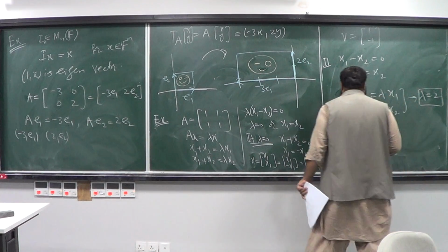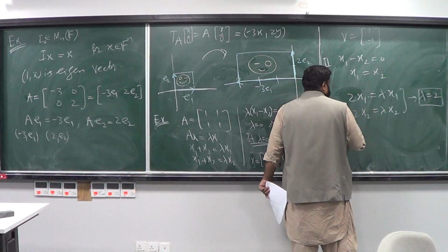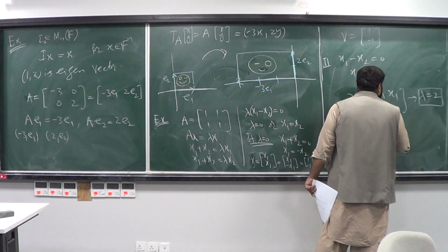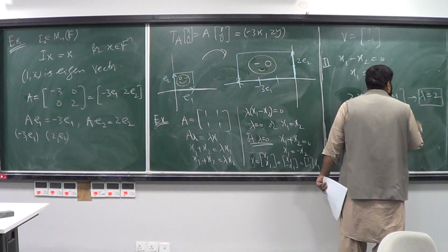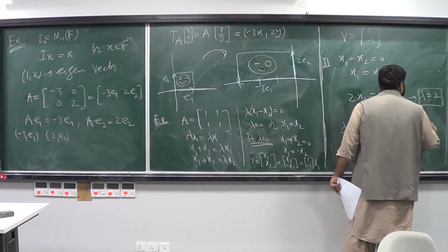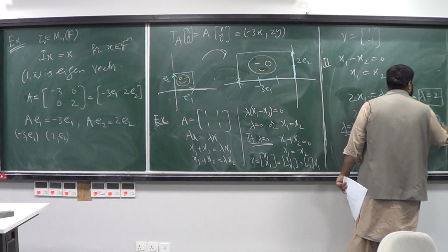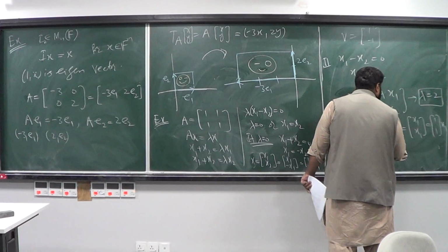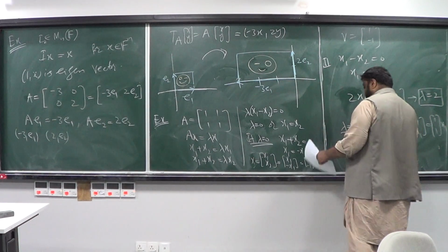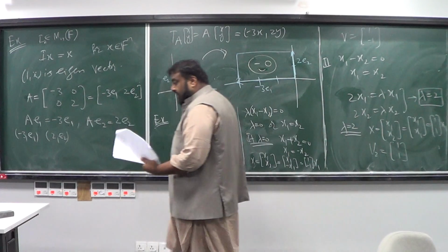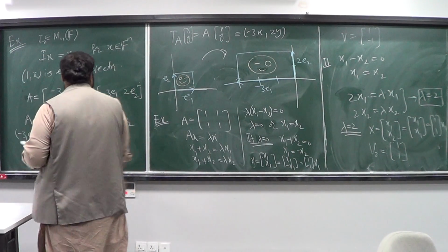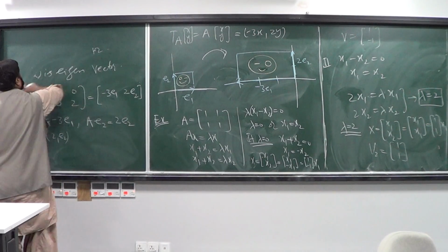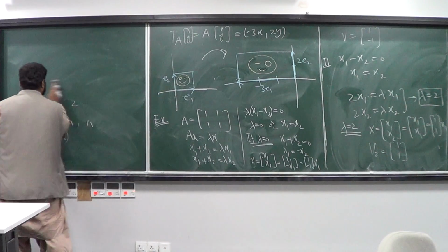We got the value lambda equal to 2, and corresponding to this an eigenvector (x1, x2). If they both are equal, it's going to be (x1, x1), so it's going to be (1, 1) times x1. The eigenvector v2 that you get is really the vector (1, 1). Now, what would be the physical meaning of these two vectors?